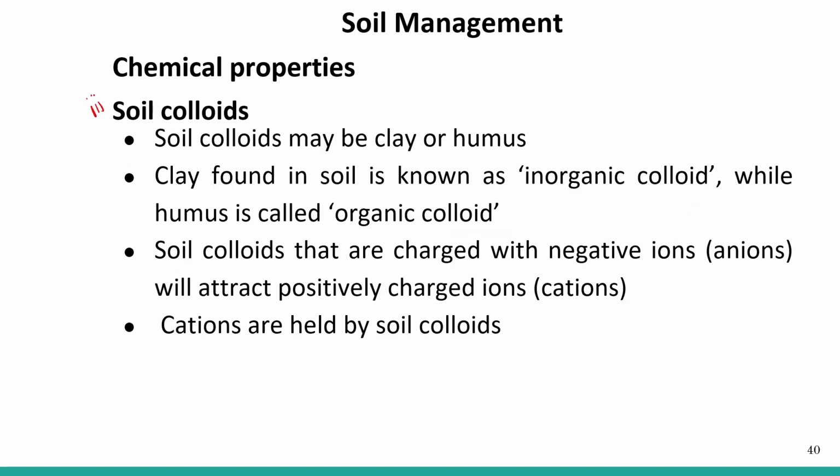Third one is soil colloids. Soil colloids may be clay or humus. We all know what humus is, okay, the dead organic matter. When it is degraded, it means complex food material.